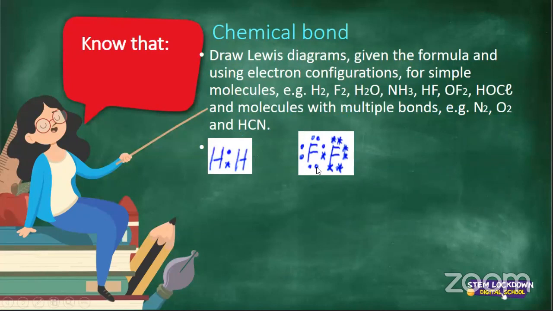For the fluorine molecule, you will see that around each of the fluorine atoms there will be 8 electrons: 2, 4, 6, 8. And around this one is also 2, 4, 6, 8. And these 2 electrons will be shared between the 2 atoms.